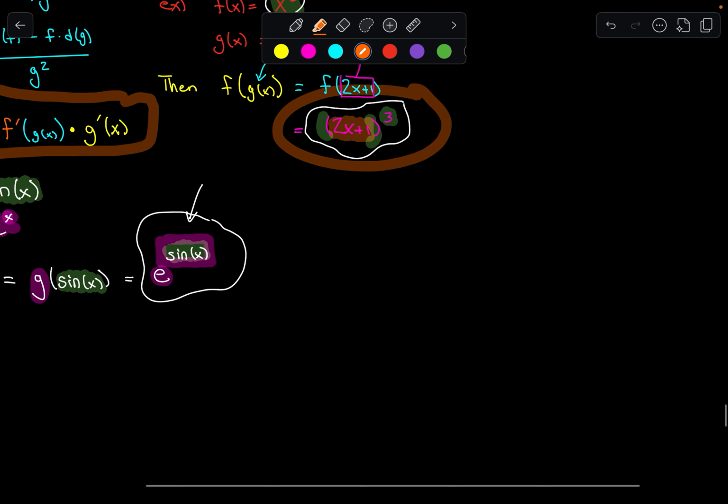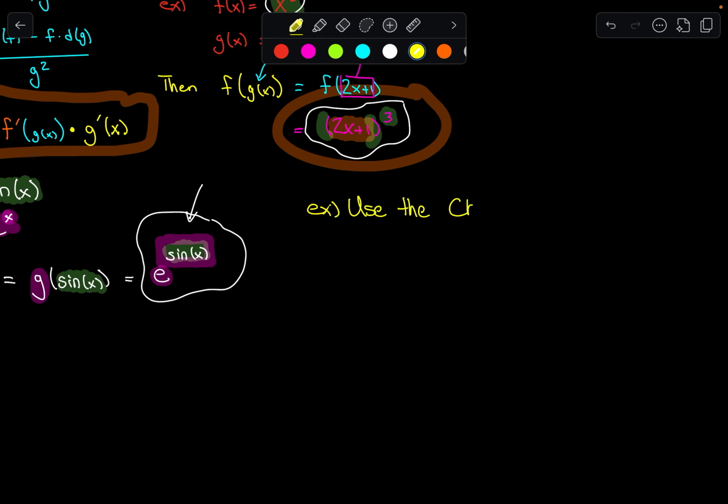For example, I'm going to say use the chain rule, although most problems will just say take the derivative, but use the chain rule to determine the derivative of (2x plus 1) all cubed. So use the chain rule to determine this derivative.